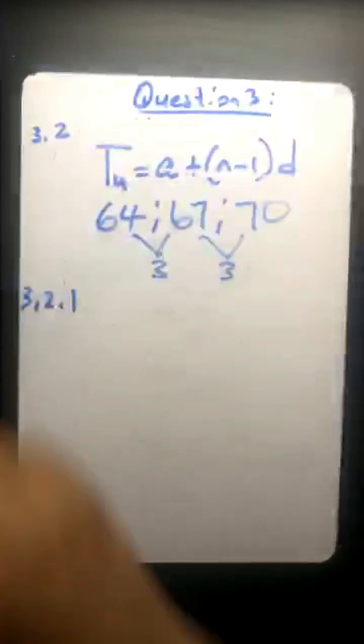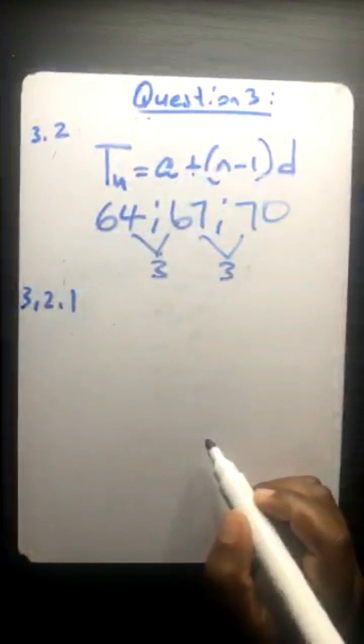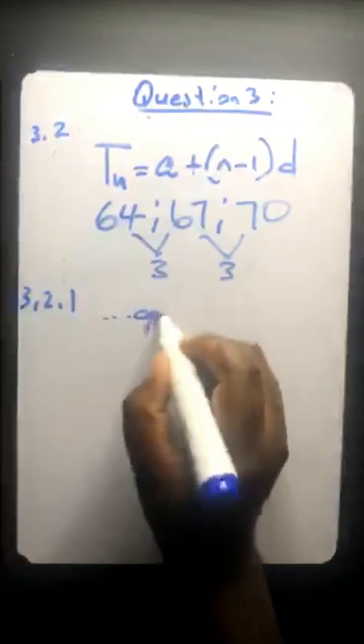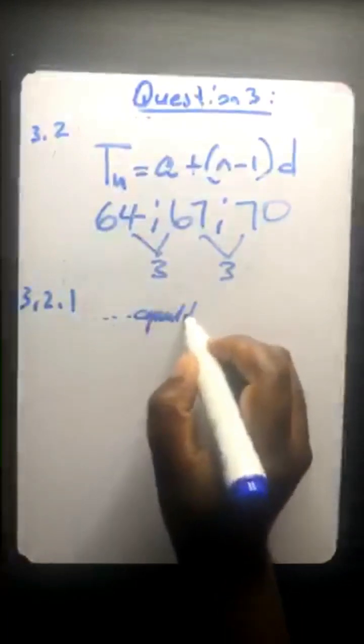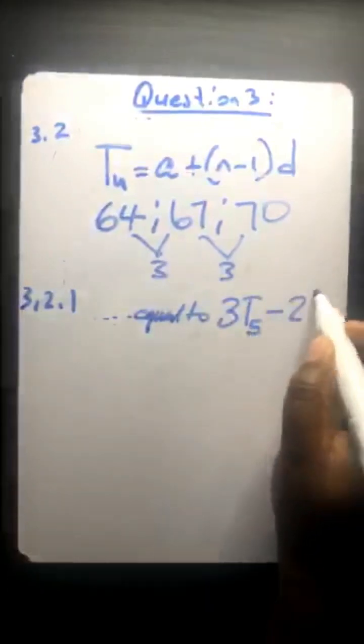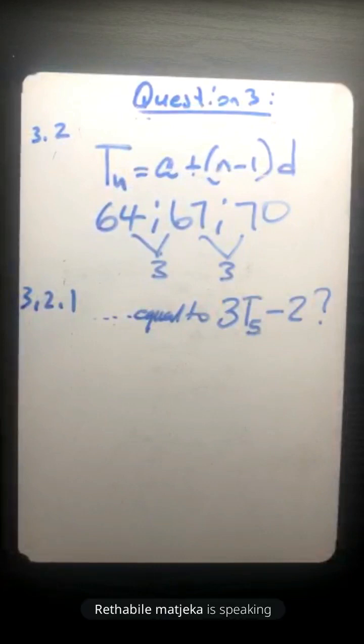Remember, in case you've got no idea, just say no idea so that I can explain. They are saying which term will be equal to 3 term number 5 minus 2 in that pattern. Anyone would like to give it a try? No idea, sir.